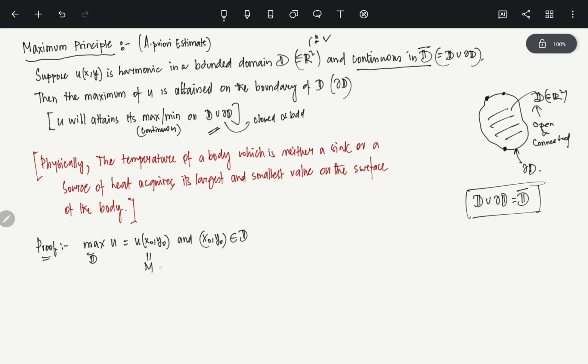There is some number M. And let's say M bar is the maximum of u over D bar. Let's do it like this.